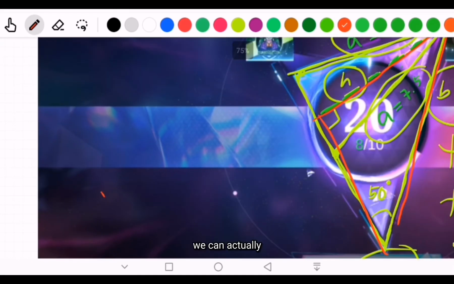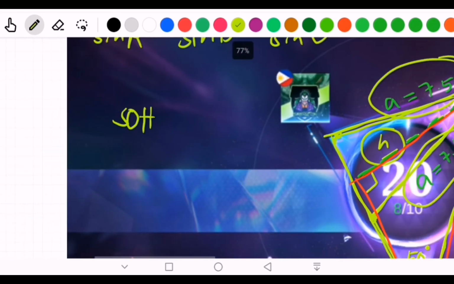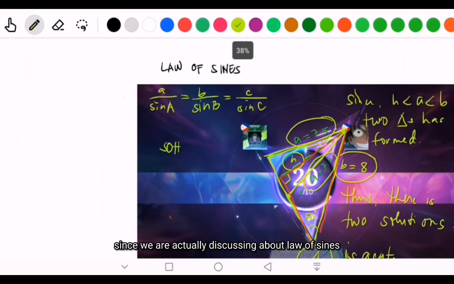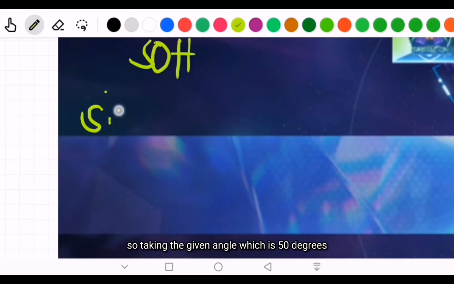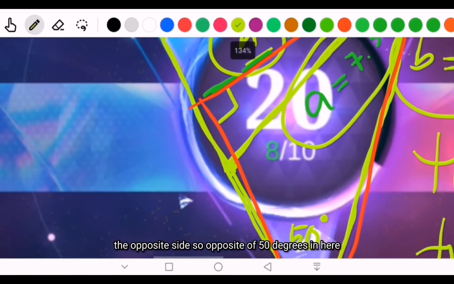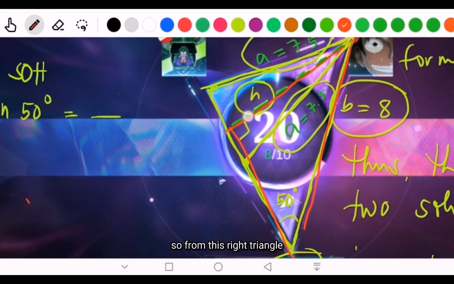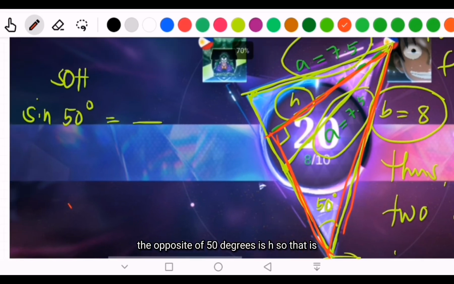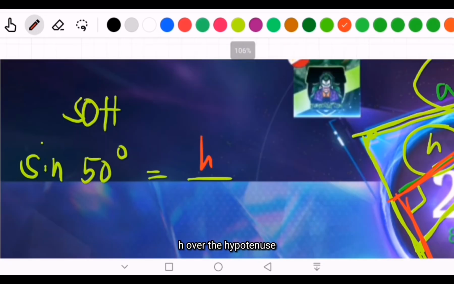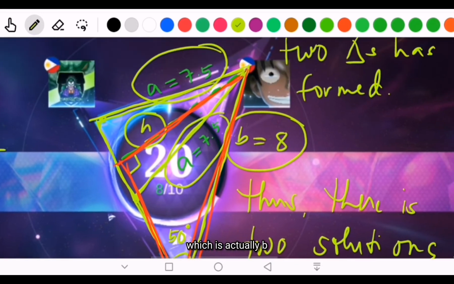then we can relate that with the acronym SOH CAH TOA, since we are discussing about the law of sines. Taking the given angle, which is 50 degrees, sine 50 degrees is equal to the opposite side. From this right triangle, the opposite of 50 degrees is h, over the hypotenuse, which is b.